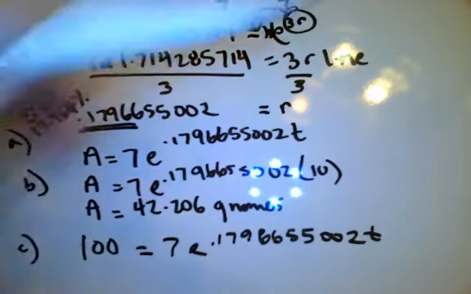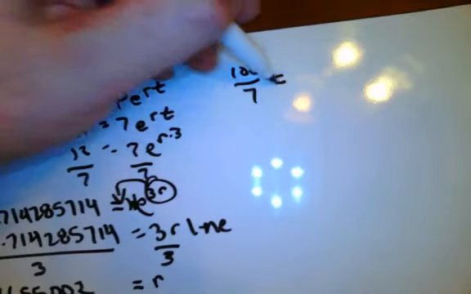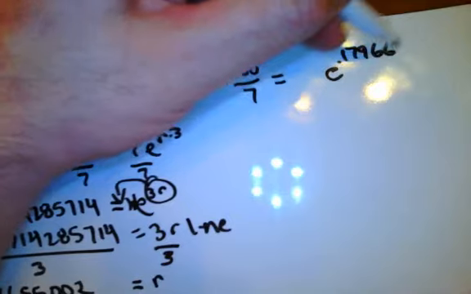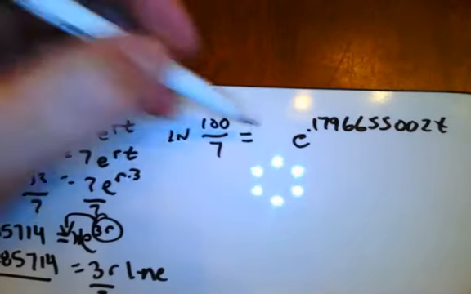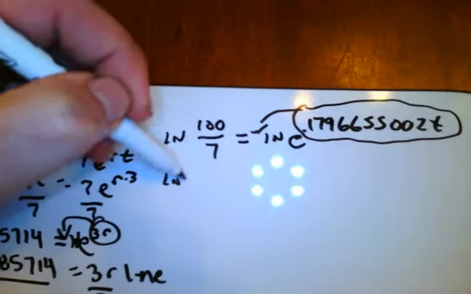So the first thing we're going to do is divide both sides by 7. So that'll give me 100 over 7 equals e to the 0.17966550002t. And then, what do we need to do? We need to take the ln of both sides and bring this down.